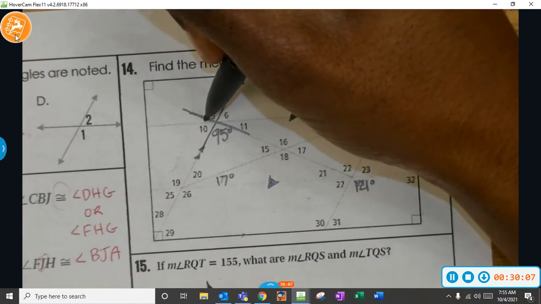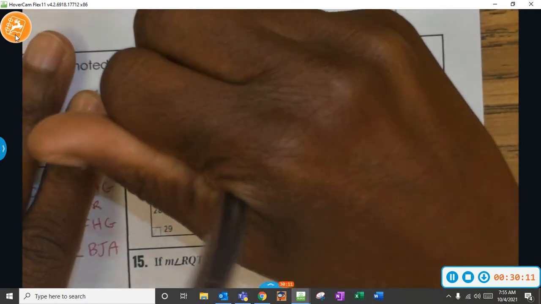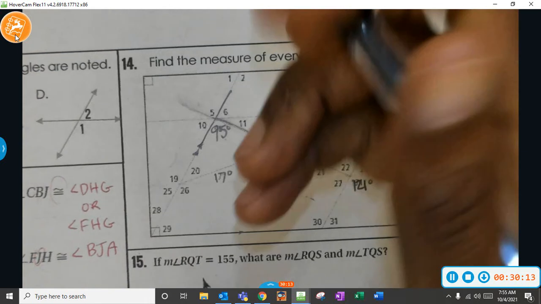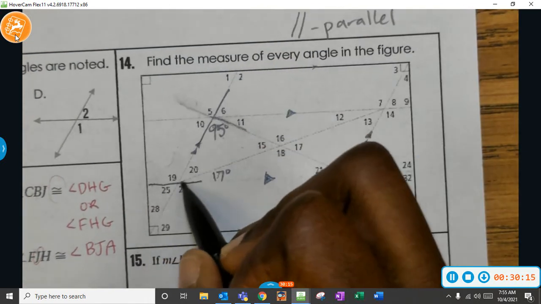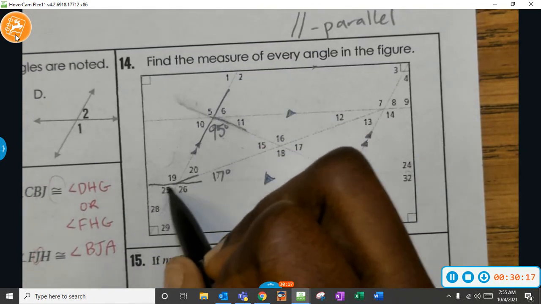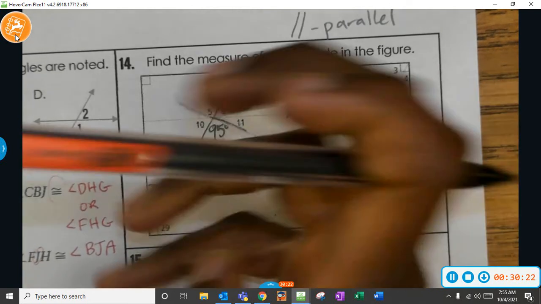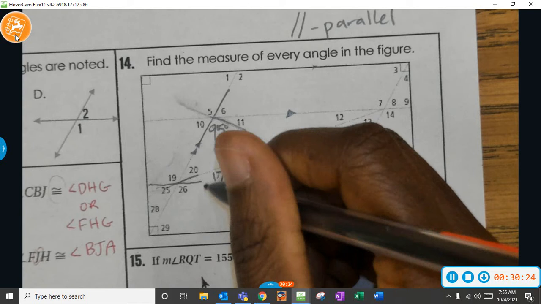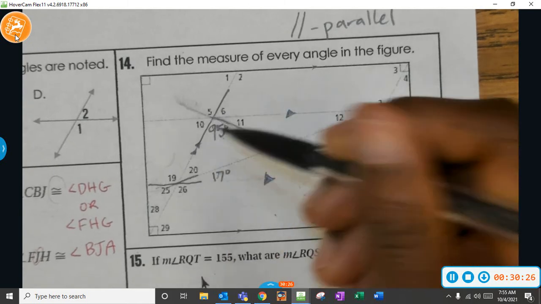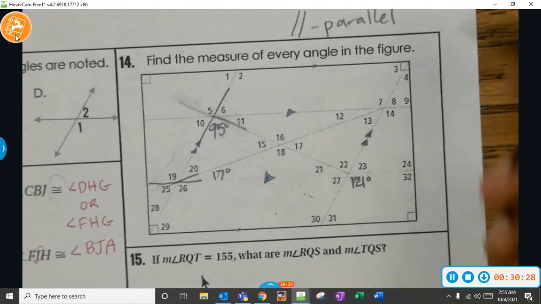I would have needed this line to go straight, but it had a little piece left. And I also don't have the vertical angle to 17 over here. It would need to have come straight like that, and that would be 17. And I don't have enough to make a linear pair. So I don't have vertical or linear on these two vertices, but on this one I have linear. So I can start off with linear.